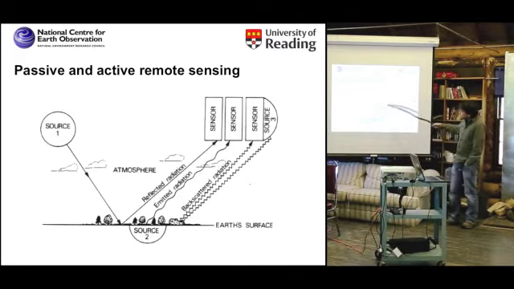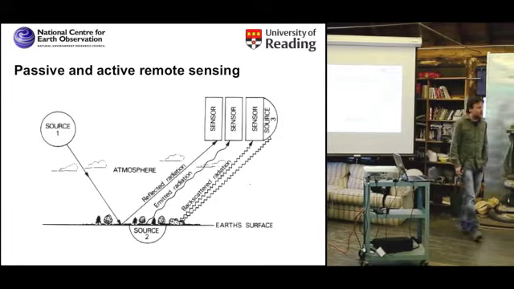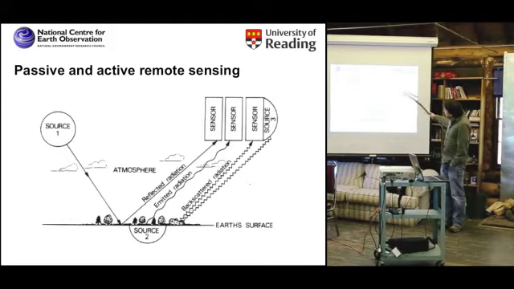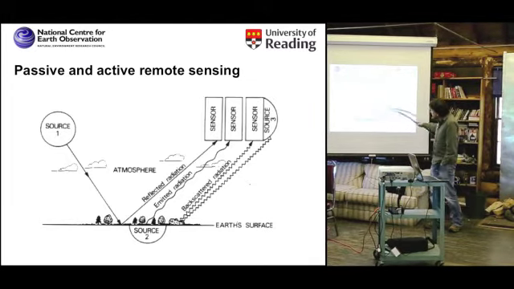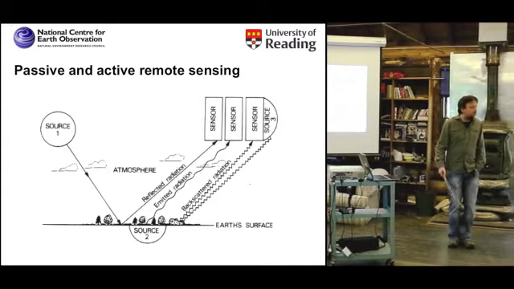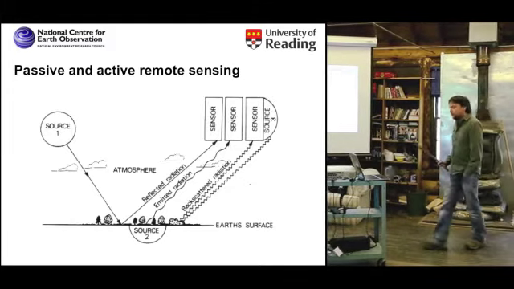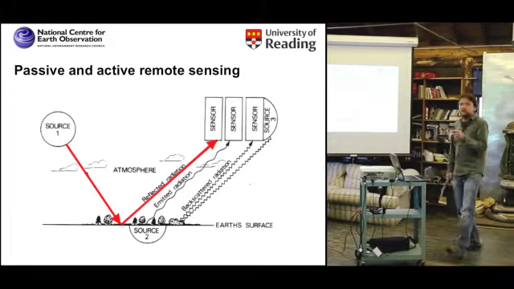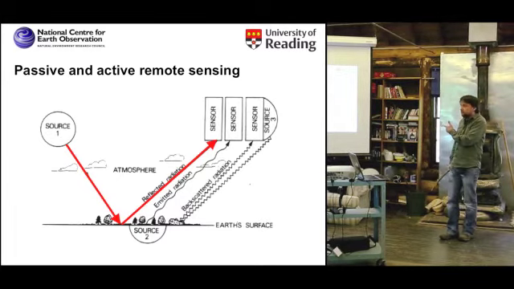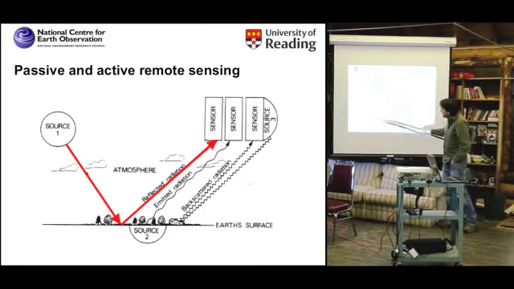Passive emitted remote sensing, which is generally thermal or passive microwave measurements, and active remote sensing, where the sensor has some mechanism for generating its own source. So radar and LiDAR are the main types there. I am almost exclusively going to focus on that pathway, the passive optical remote sensing using solar radiation.